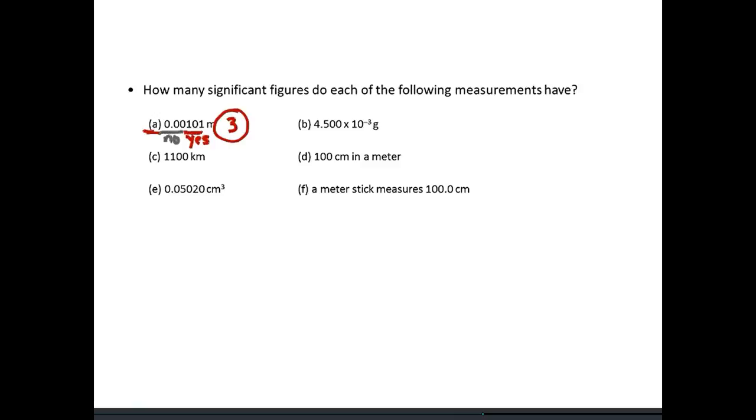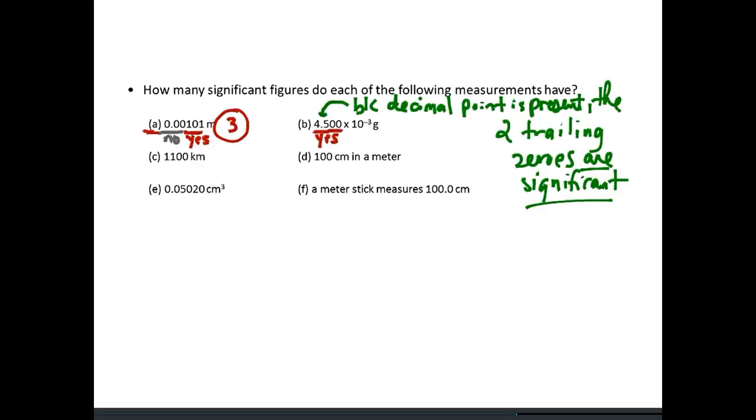Now let's look at B. We have 4.500 times 10 to the minus 3. Now that 10 to the minus 3, that doesn't really matter. That's just scientific notation. But those are trailing zeros to the right of the decimal, and there is a decimal, which means they are significant. So that number has 4 significant digits.